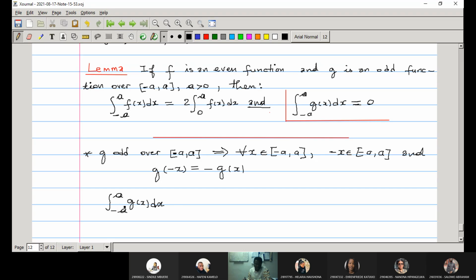So you can use a change of variable. You can split this into two: the integral from negative a to 0 of g of x dx plus the integral from 0 to a of g of x dx.